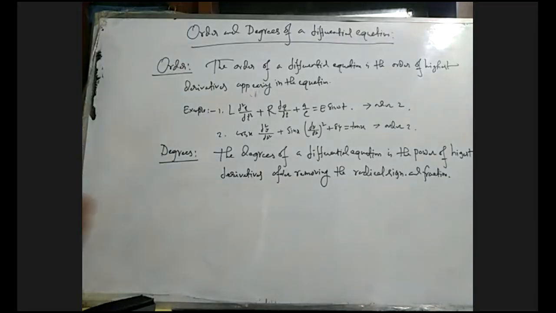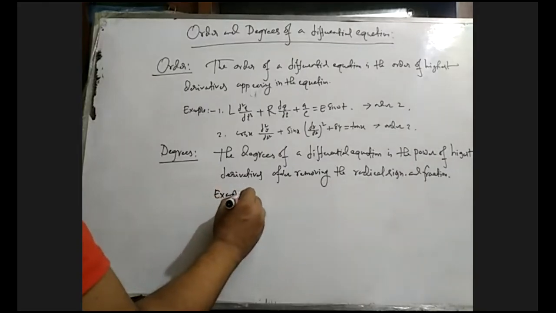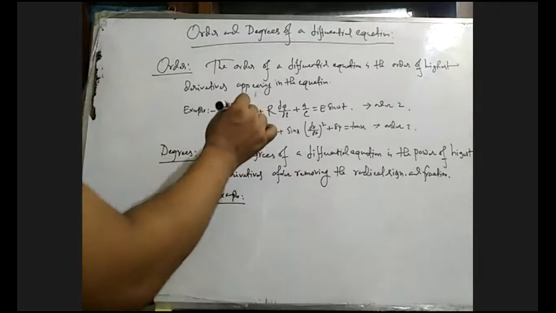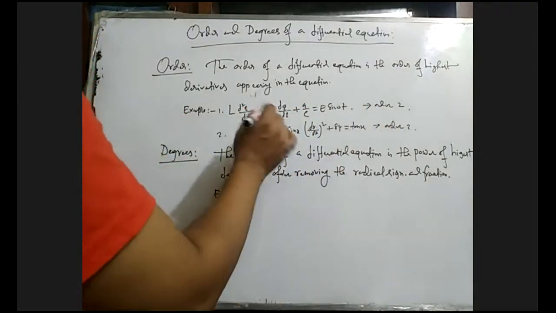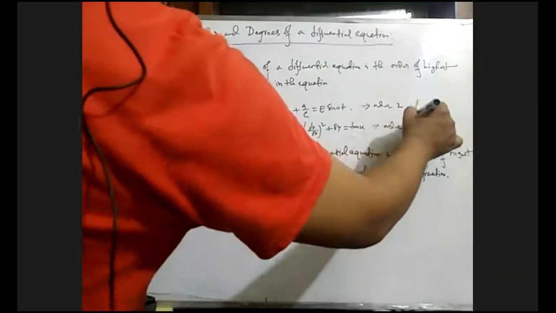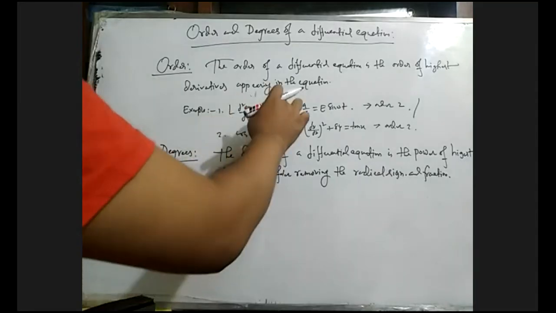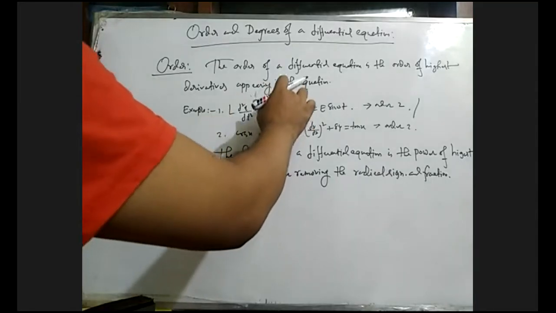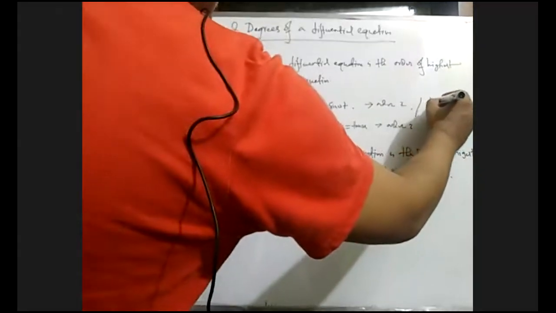Now, for example, what will be the degree? For the first example, the highest power of derivatives is 1. Here also the highest power of the differential coefficient is 1. This is why the degree will be 1.